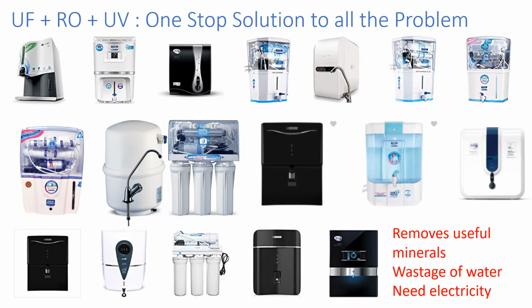UF is ultrafiltration, meaning it is a membrane with a pore size of 1 micron. It can remove bacteria. RO is reverse osmosis. It can remove bacteria, viruses, and also big and small molecules from the water, and it removes all the molecules, bad and good, including minerals. Then ultraviolet is something which disinfects the water.